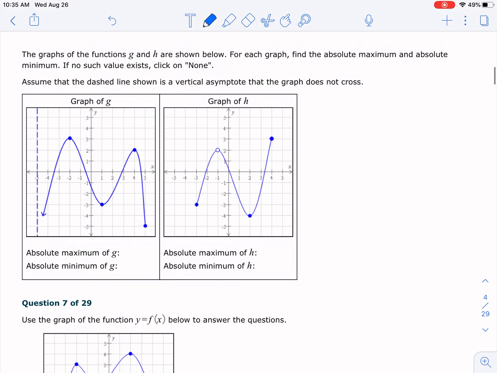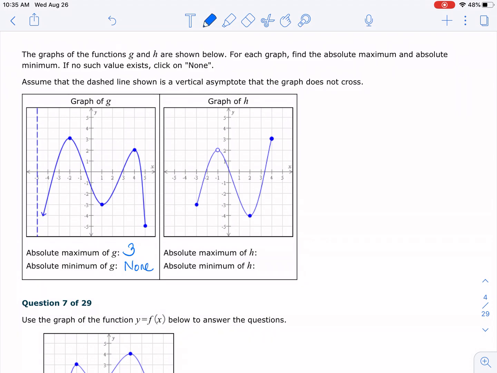So that's going to be 3. The absolute min, a lot of people got confused and think this is the absolute min, which is incorrect because you see the arrow right here. The arrow indicates that the graph's going to go on and on and on. So we don't have an absolute min here.